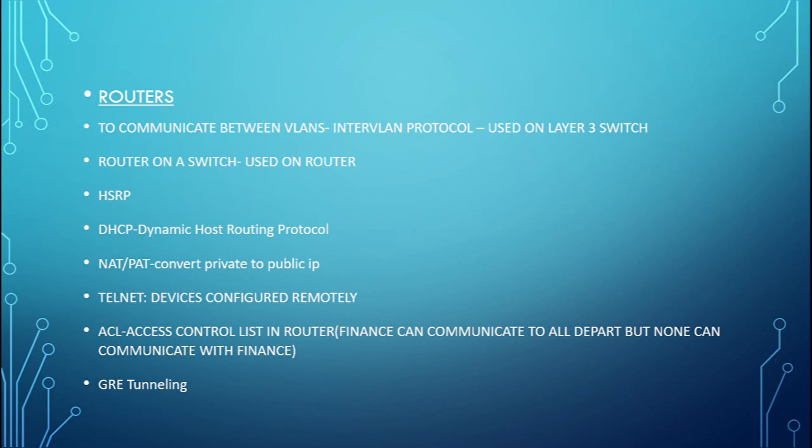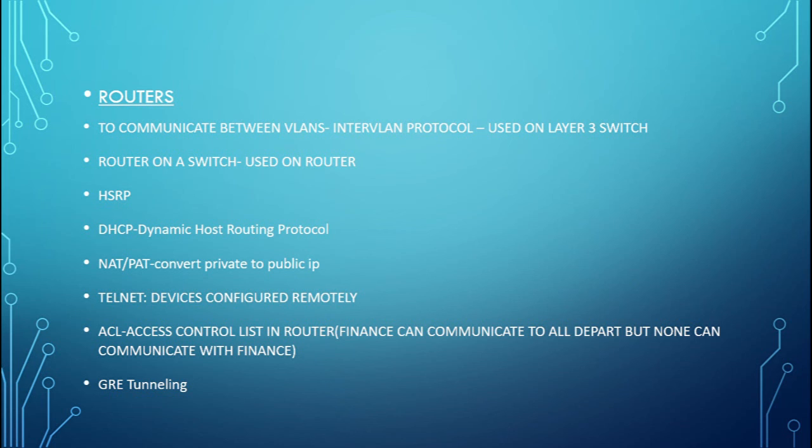The next and most important is GRE tunneling. Generic Routing Encapsulation (GRE) is a tunneling protocol developed by Cisco Systems that can encapsulate a wide variety of network layer protocols inside virtual point-to-point links or point-to-multipoint links over an Internet Protocol network.